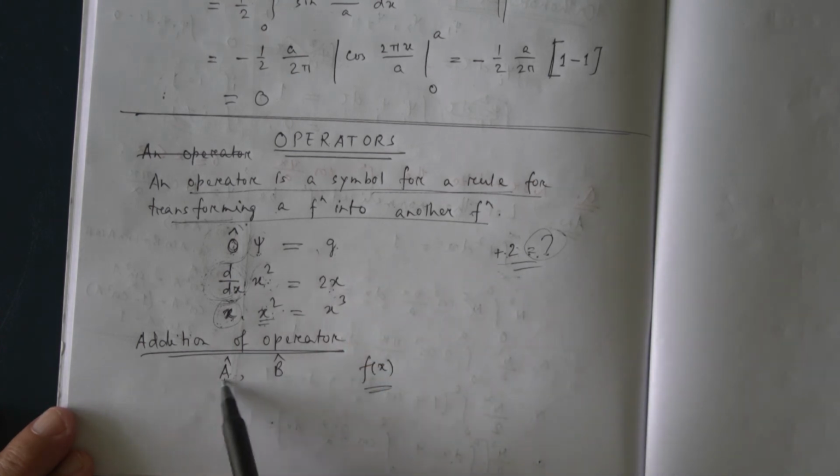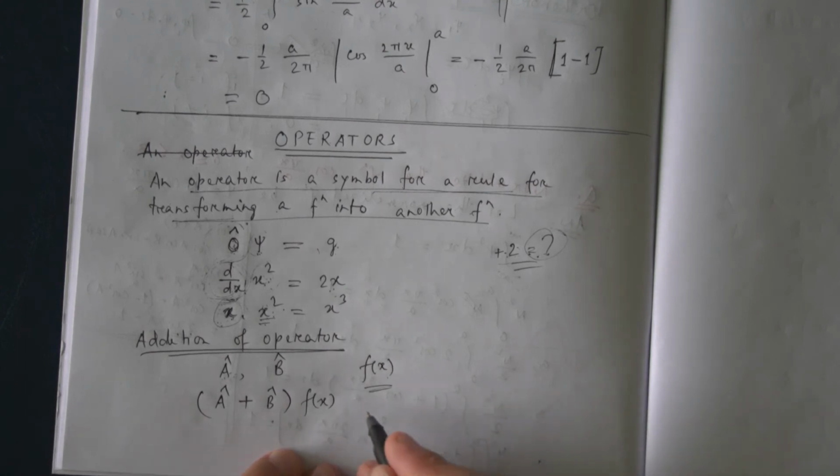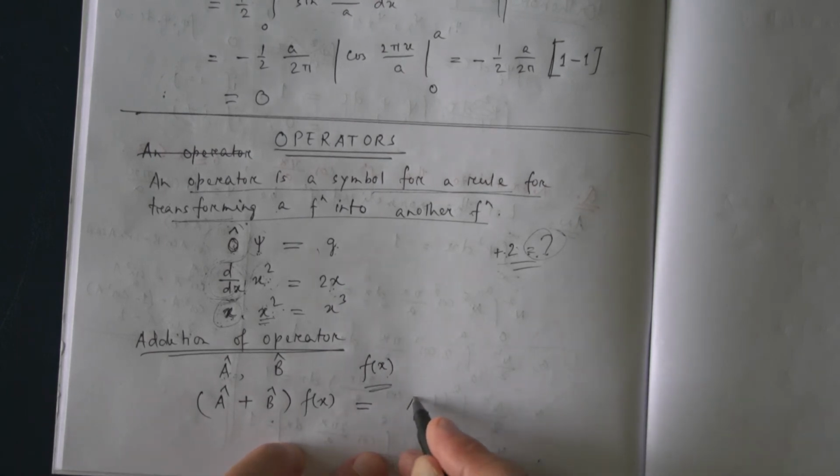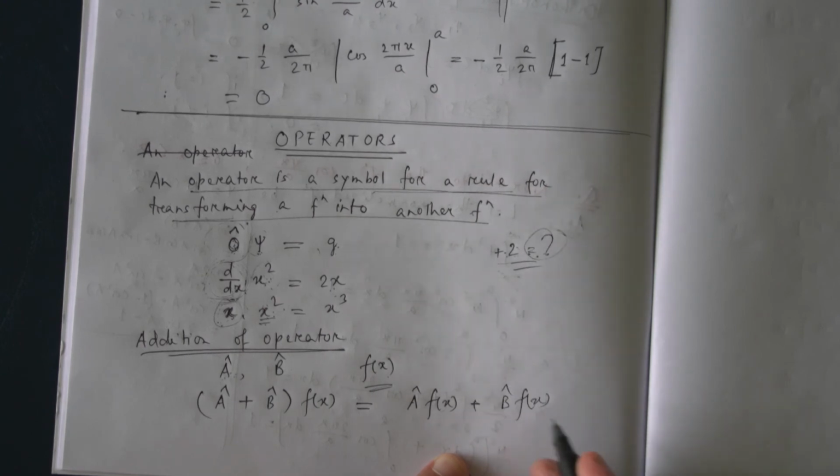So we have these two operators and this function. Now addition of these two operators. Now we need the function. What does this mean? This means that the function is operated by A, the function is operated by B, and say this result is say a, and this result is say b.